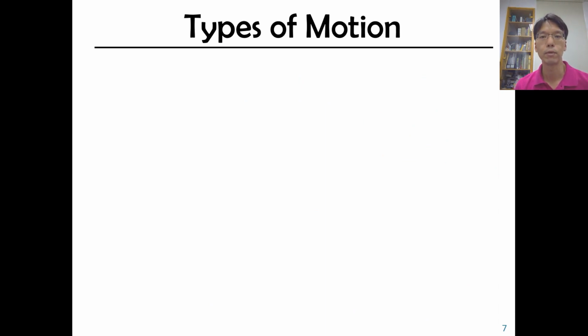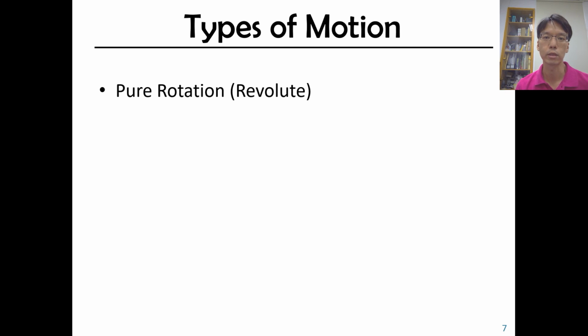And types of motions. A mechanism can perform certain motions, or you can say a joint can make the component perform certain motion. So we can categorize the motion into different types. Here I just categorize them into 3 types.